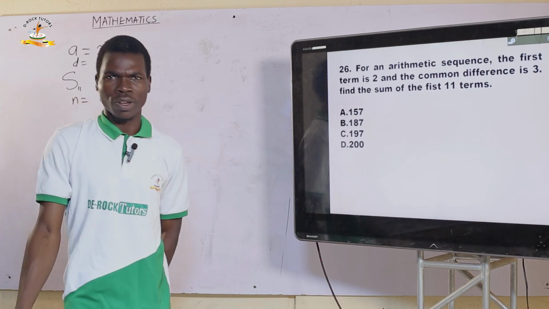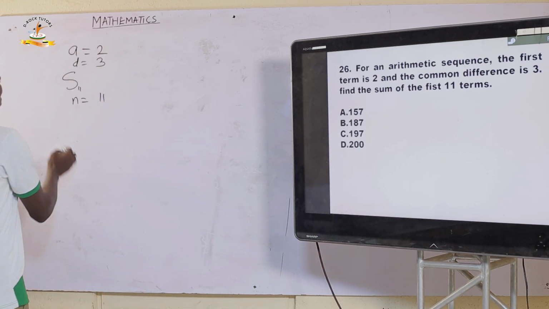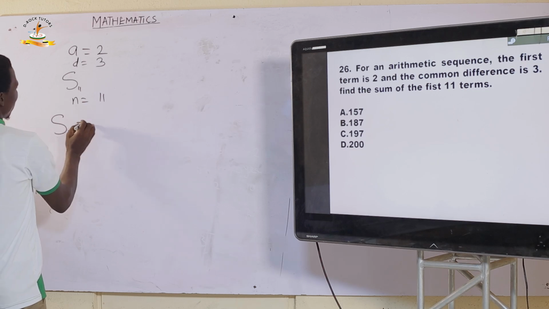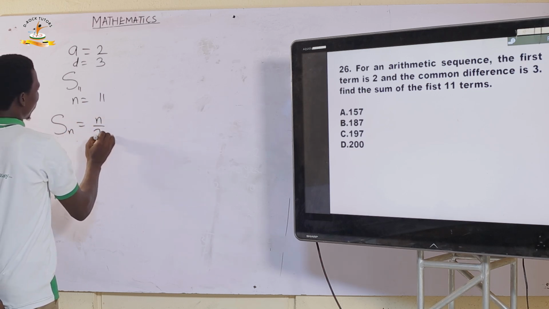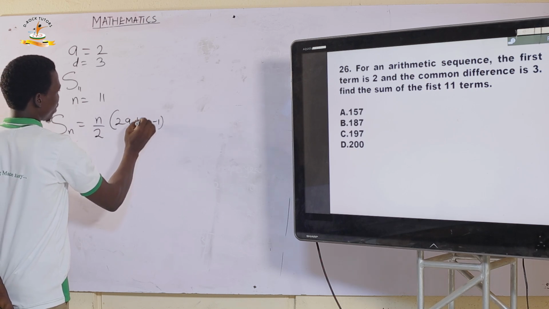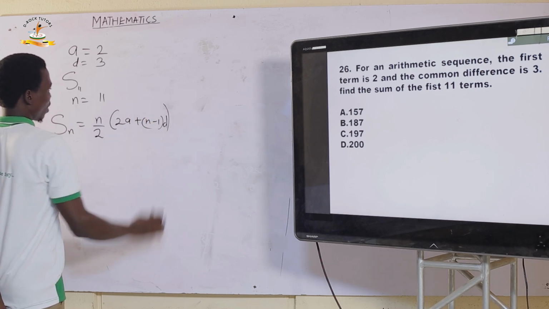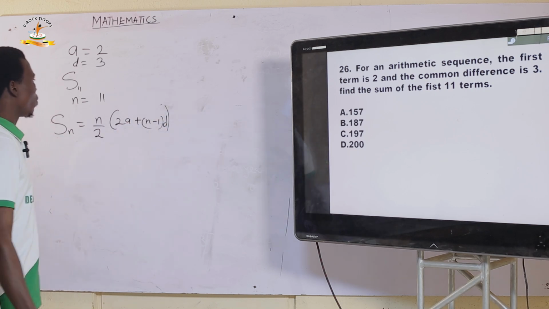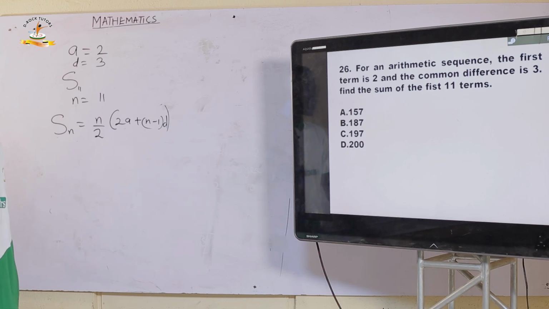So we have two ways of going through this. Let's go the first way. The first way is to use this formula: Sn equals n over 2 into bracket 2a plus n minus 1 d, and you close the brackets. So with this, let's slot in our values.